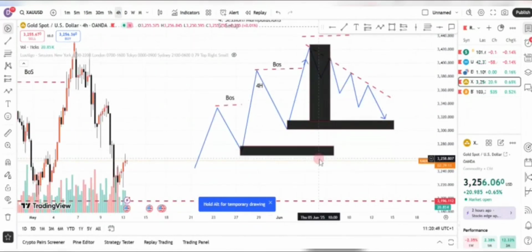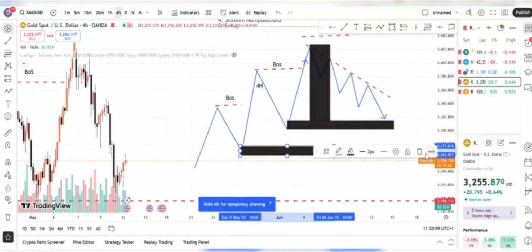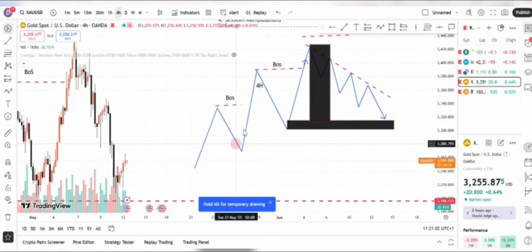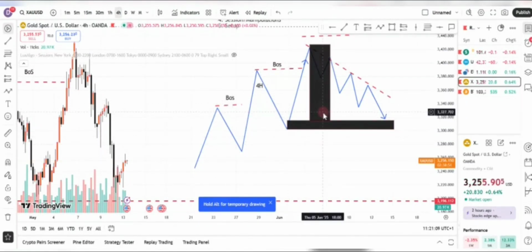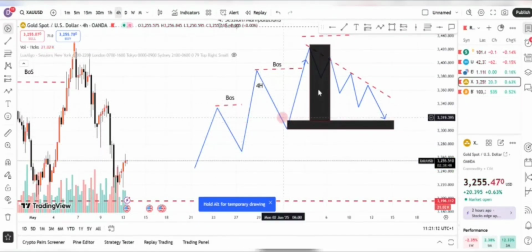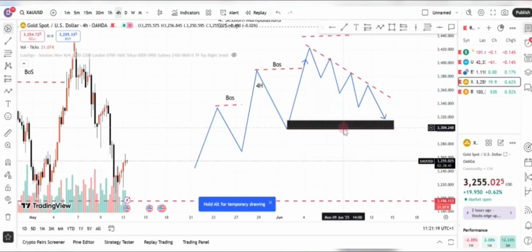For me, now this is just a normal trade, yeah. This is 4 hours, right? So we already identified here. So within that 4 hours, let me show you something. Let's delete this.